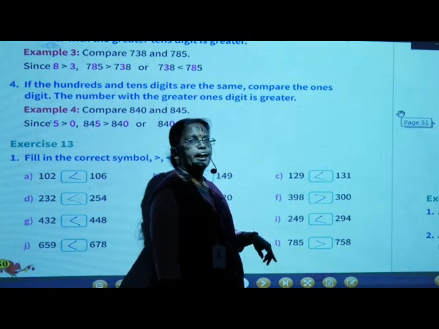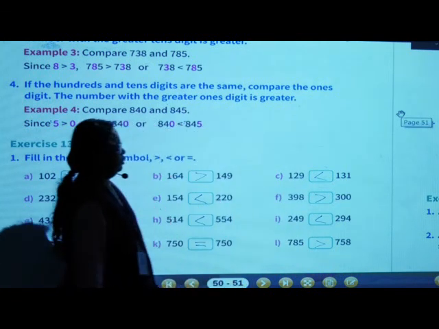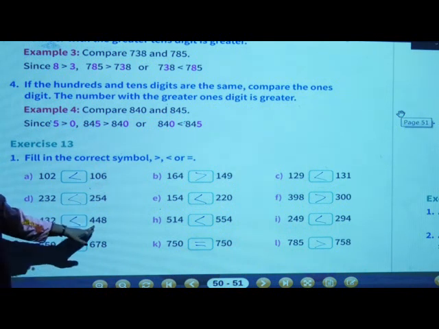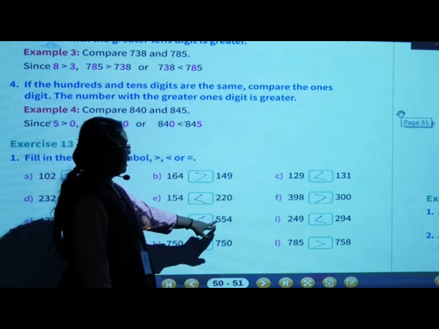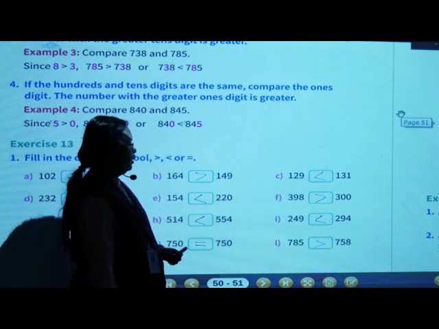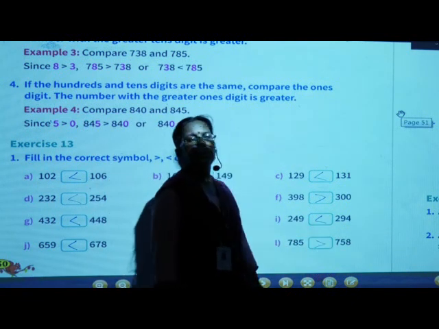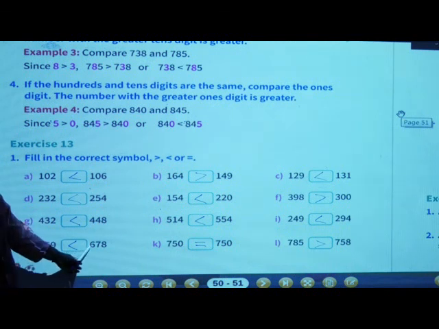Then 398 is greater than 300. Then 432 is less than 448. 514 is less than 554. 249 is less than 294. 659 is less than 678.